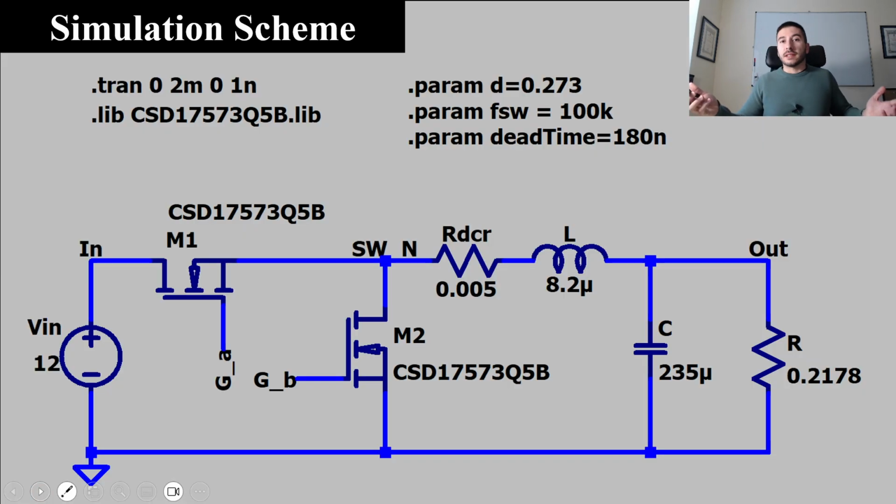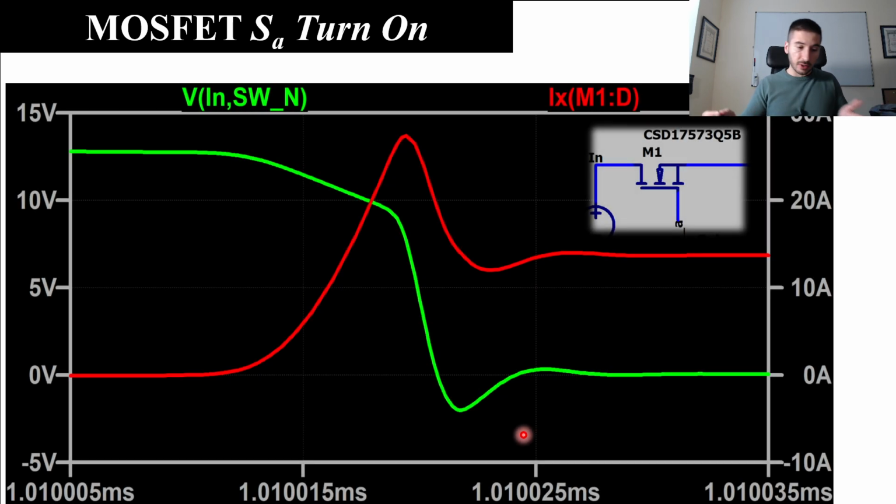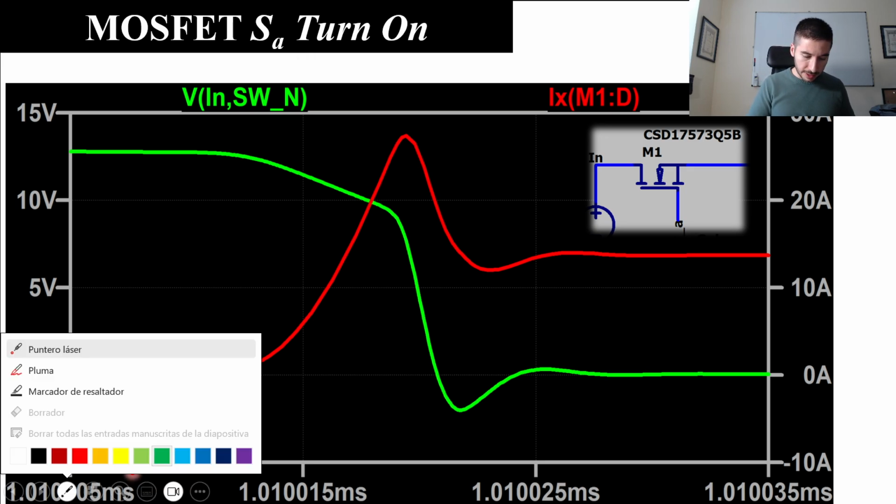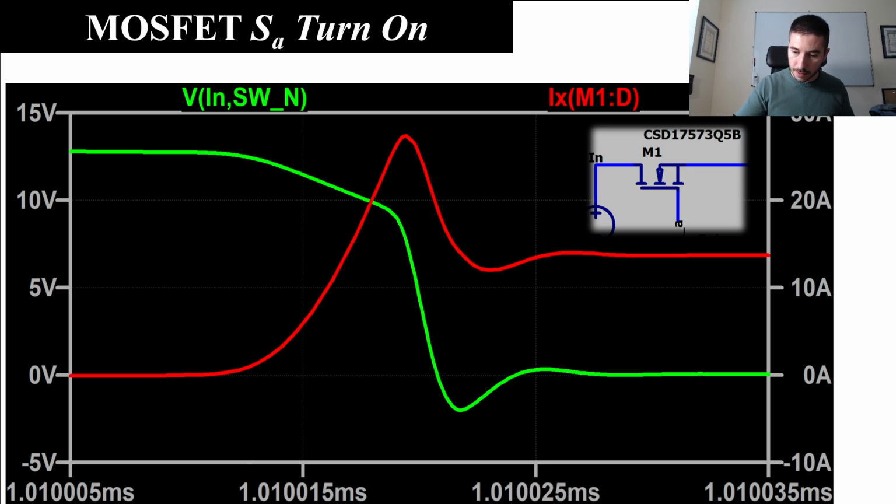So here you have the schematic we are going to use. It is the same circuit that we have seen in the previous videos, and let's start, for instance, with the turn on process of MOSFET SA. Here we are evaluating in green the voltage across the switch, and in red we have the current through the switch, evaluated in that way.